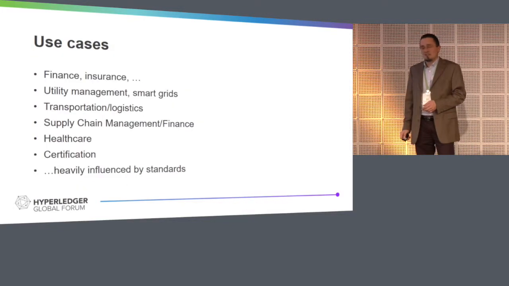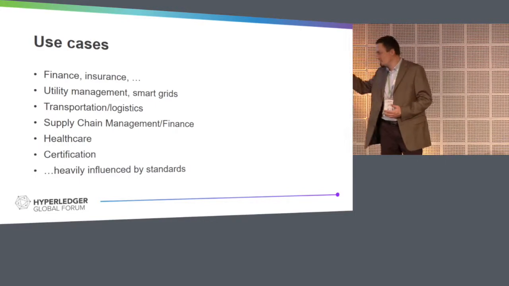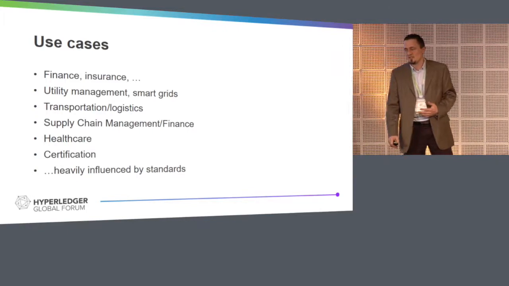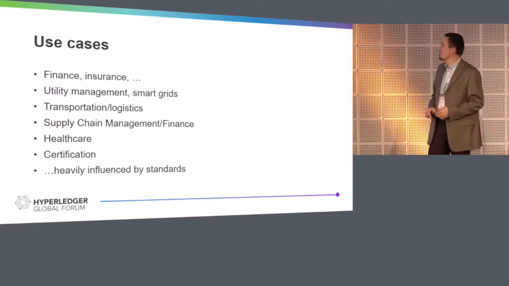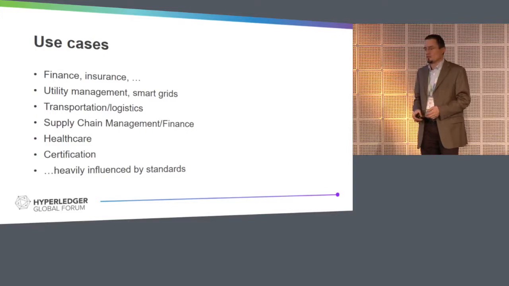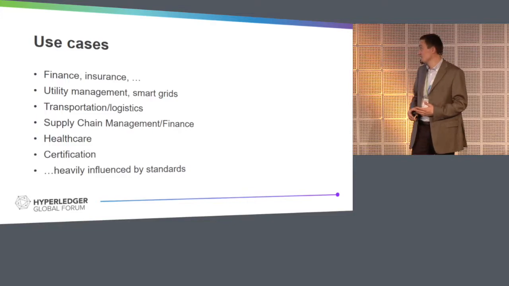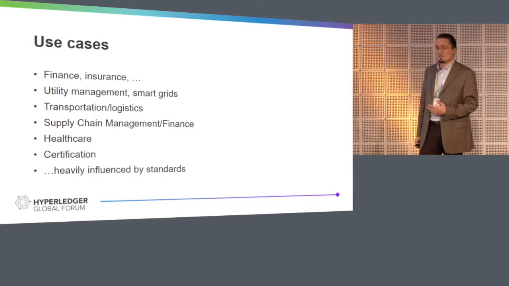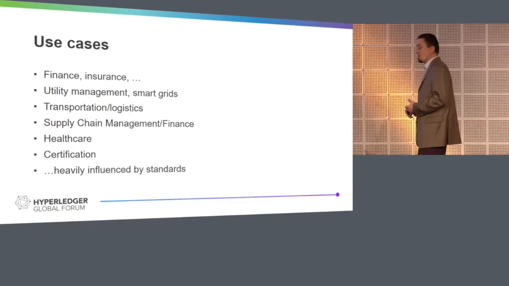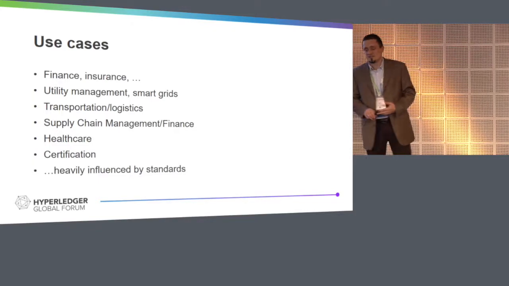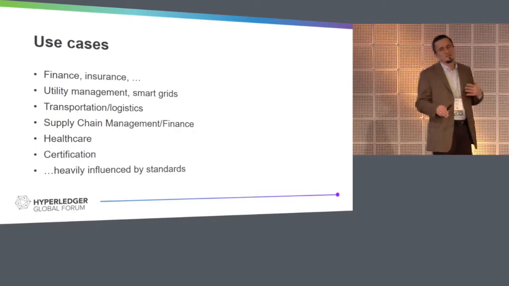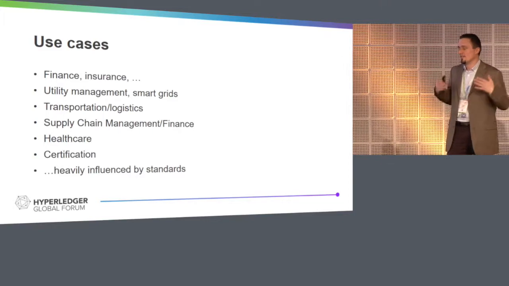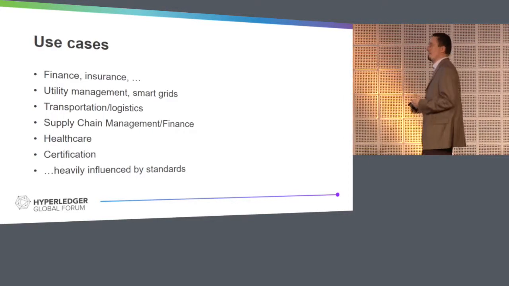There are a lot of use cases where business processes are used in general. First of all, finance and insurance, and utility management, for example, which is close to the blockchain world, if you consider smart grids. Transportation and logistics. I think all of you have heard about different aspects of supply chain management or supply chain financing. If you are talking about healthcare and data management and exchange in healthcare, these are all heavily influenced by processes.